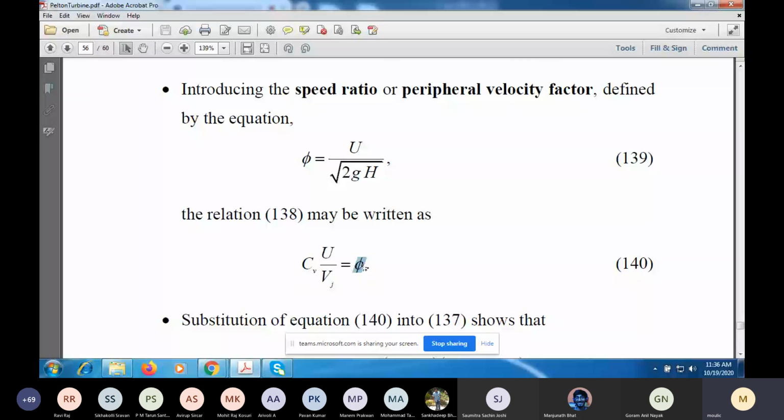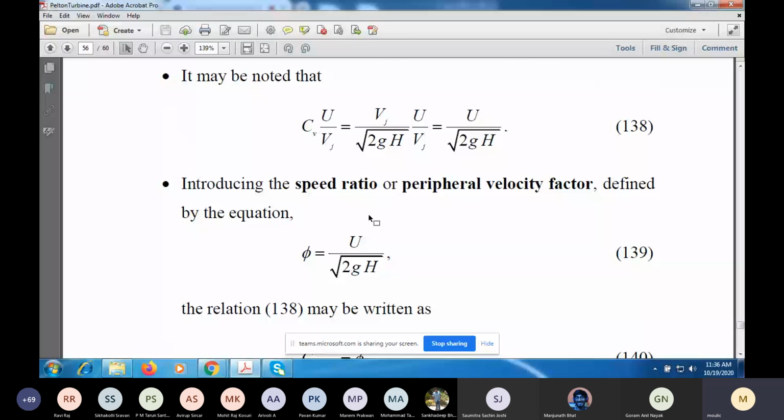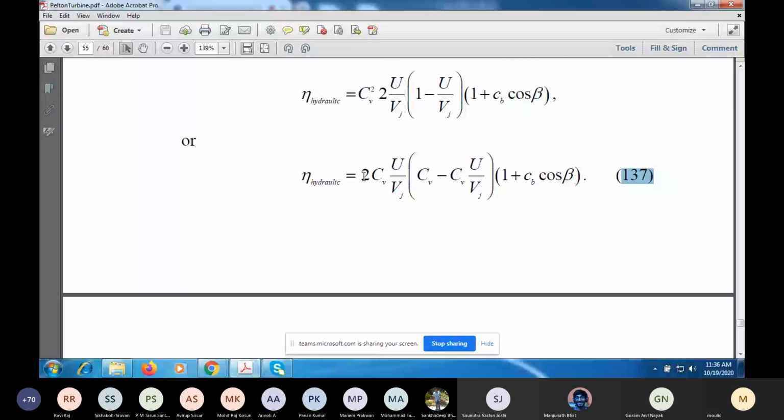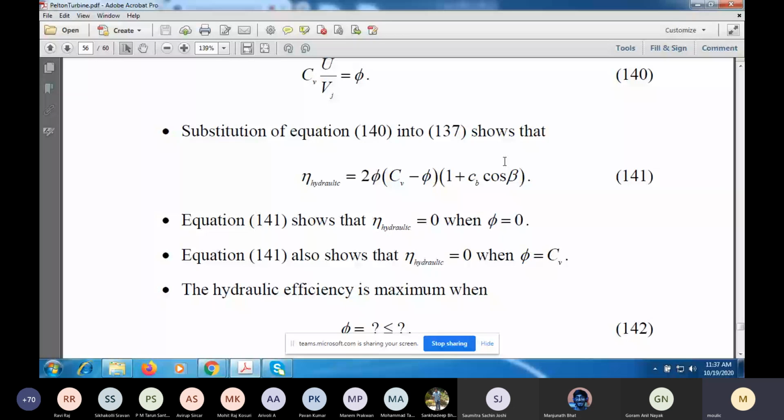So if we take this expression for this quantity CV multiplied by U by Vj, given by equation 140, and substitute into this equation, then here you get twice phi into CV minus phi into 1 plus CV cos beta. And once again, CV is the empirical factor which is very close to 1. CV is the blade friction factor. And this CV, I have not used lowercase c, otherwise you may think it's specific heat capacity at constant volume, which you might be using in other courses.